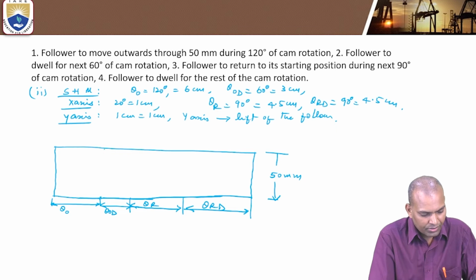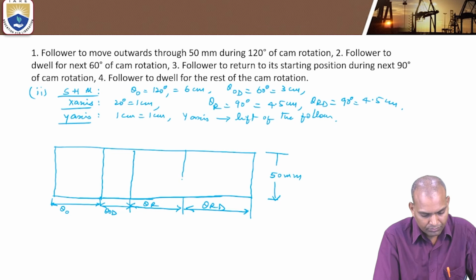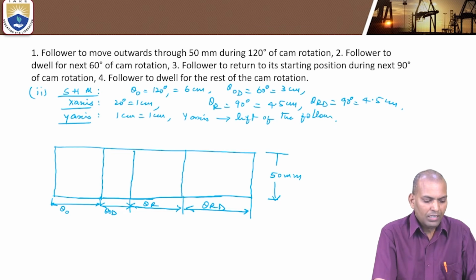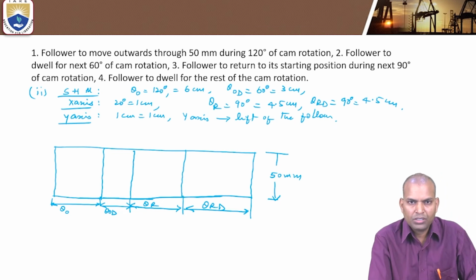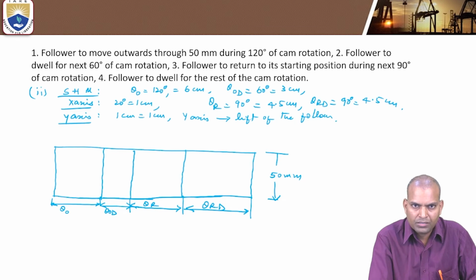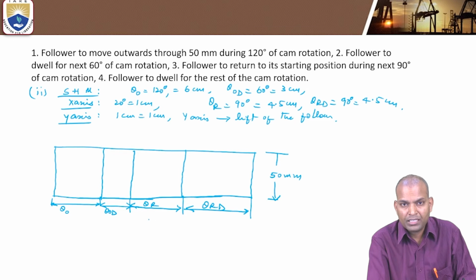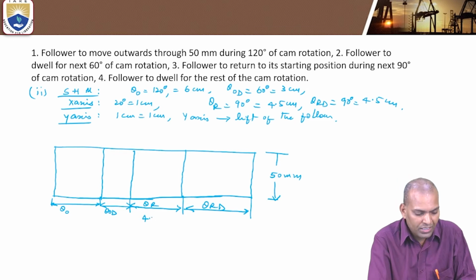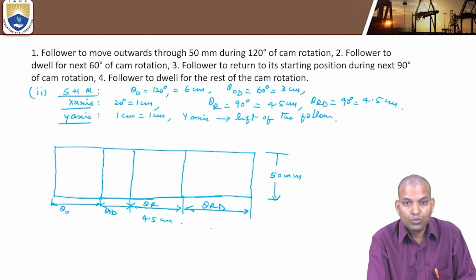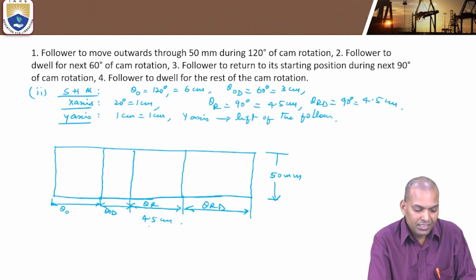Next, join this. Divide this outstroke and return stroke into an even number of partitions. Now here the return stroke is how much? The return stroke is 4.5 centimeters. Divide it into 6 equal parts. So how to divide into 6 parts?